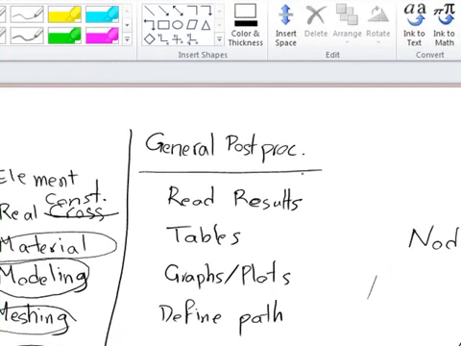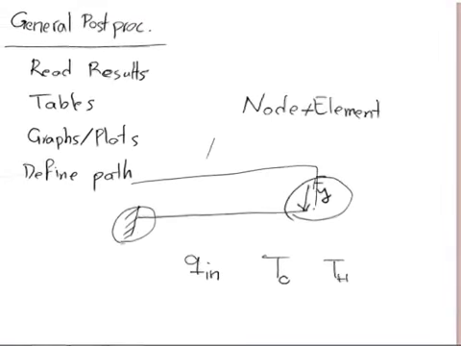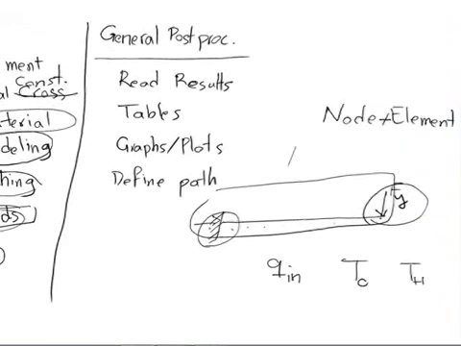If you're doing a static analysis, let's say just a very simple one, like this example that I drew in here, and your load is just a constant load, which is not changing by time, when you want to read the results, you're basically looking for the displacement in any point of this beam, the reaction forces in here, which are going to be in terms of F in X, F in Y, and moments in the fixed end, and probably stresses distributed along the length of the beam.